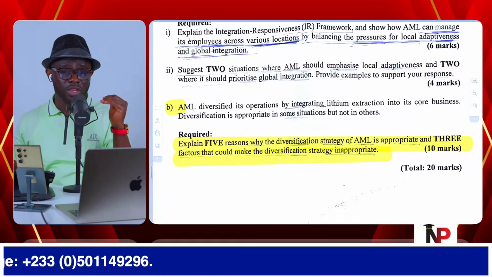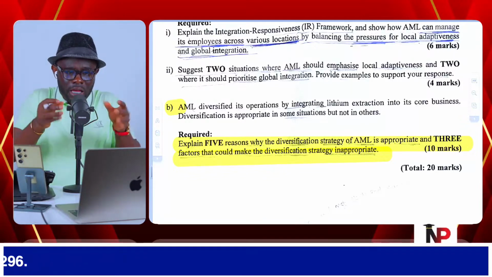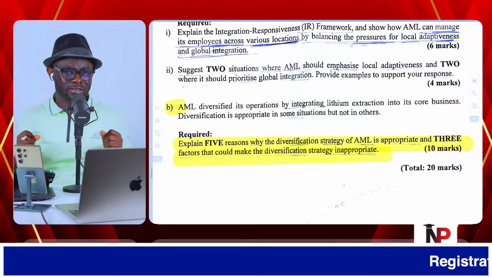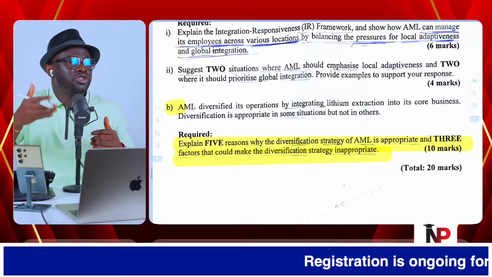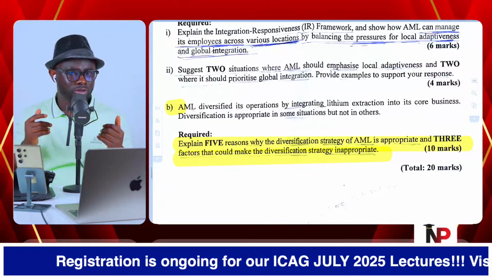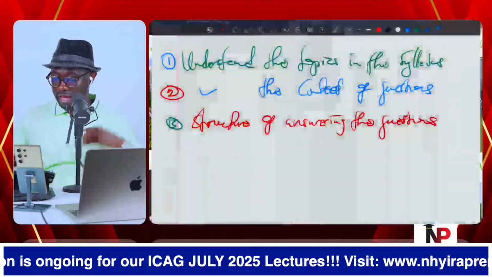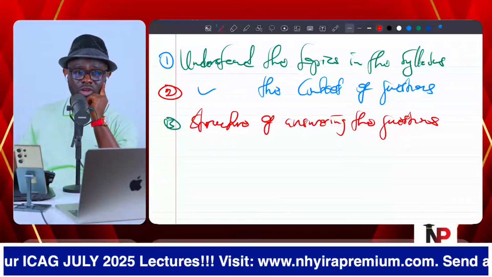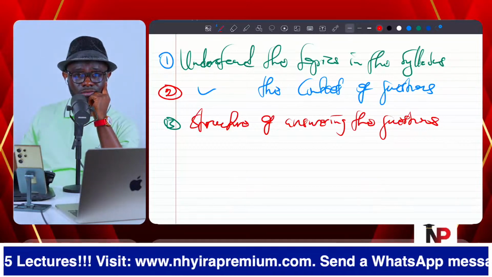So you need 5 reasons. 3. So you need 3 reasons. But how much should you write? What points do you bring up? What should you talk about? That's what we mean by understanding the structure of answering the questions.